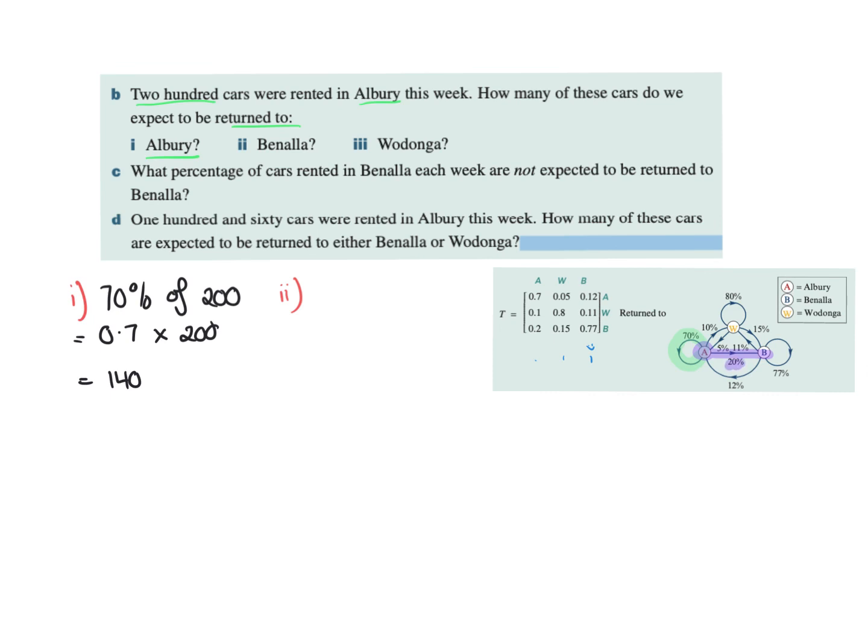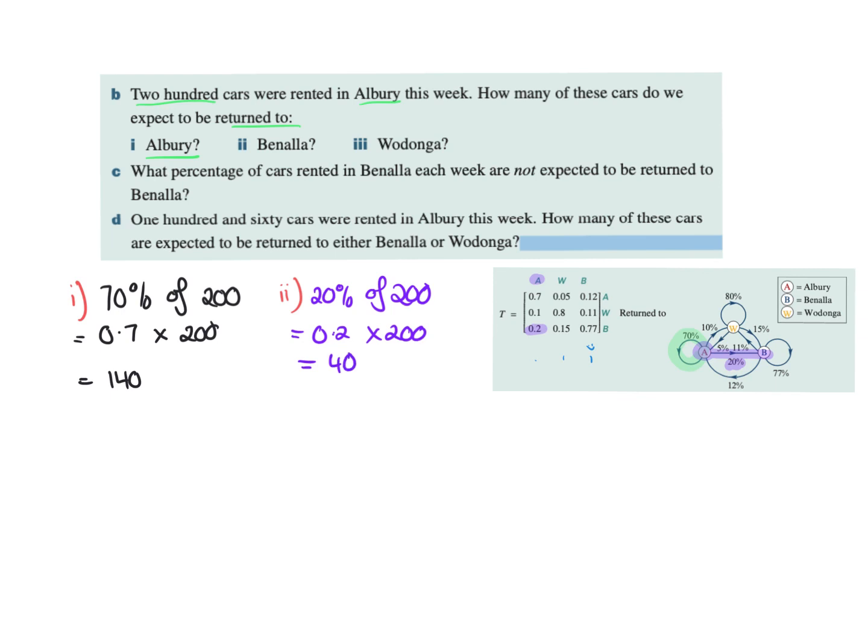Oh, sorry, 20. So that's good. It's good to check. So Albury to Benalla is 20%. So we want 20% of the 200. Remember that's like saying 0.2 times 200, and that equals 40.